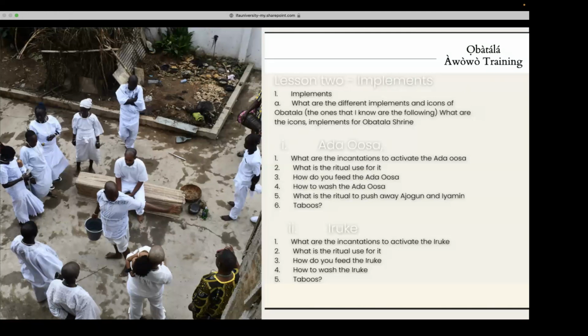Anytime the mothers in Orisha are going around, they use it to confirm Ashe. So when they are praying for someone, they will be shaking it. You understand me? So that is the importance of Ada Osha.